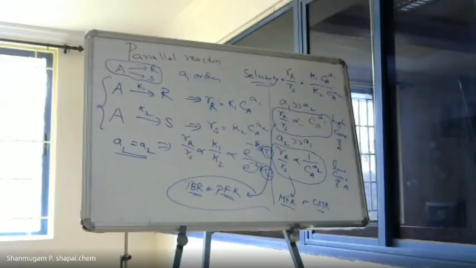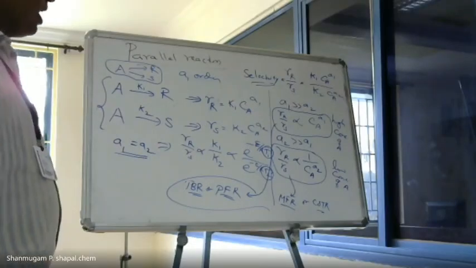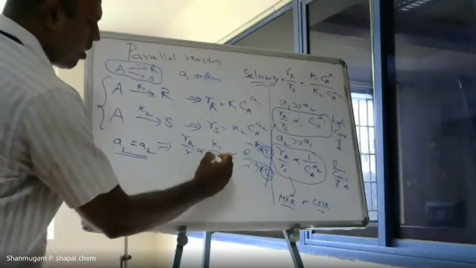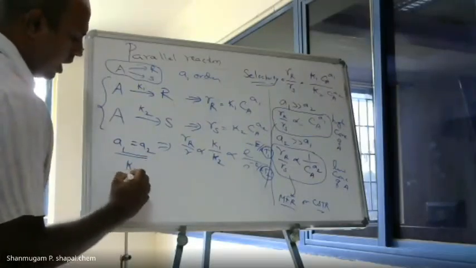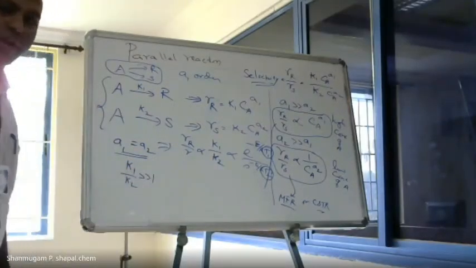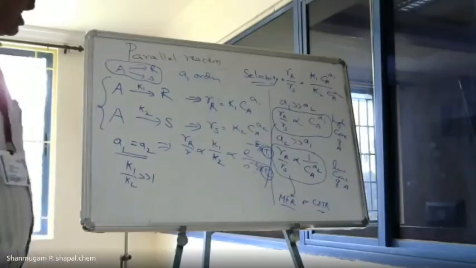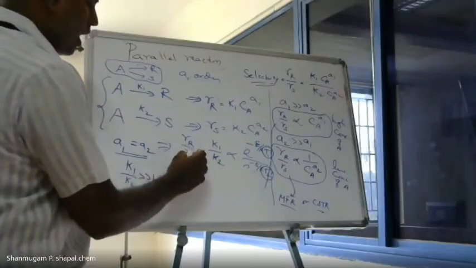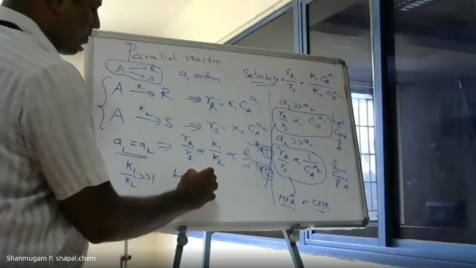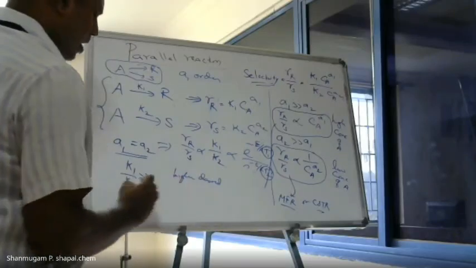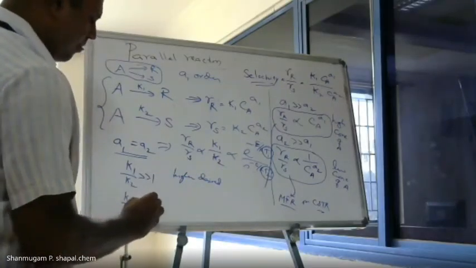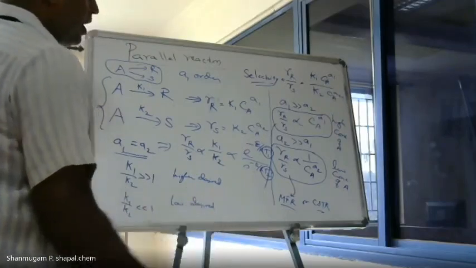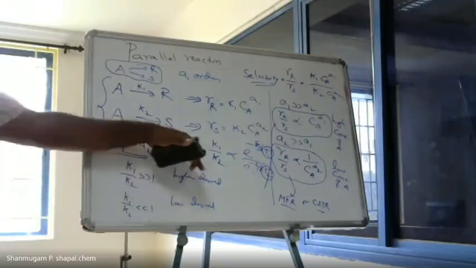If K1 by K2 is greater than 1, that means K1 is higher and K2 is lower, then you actually have a high desired product. Similarly, if it's vice versa, then low desired product. This is what you determine from this particular K value.